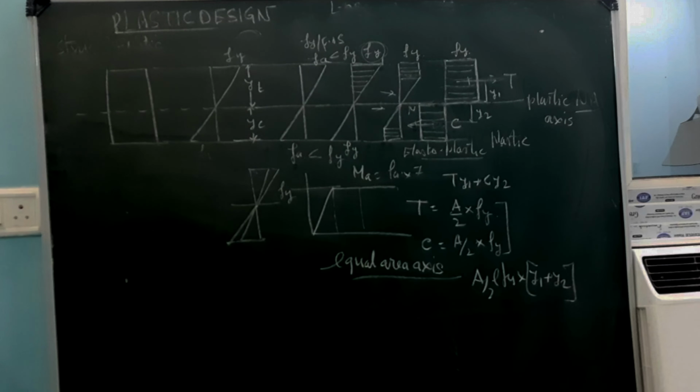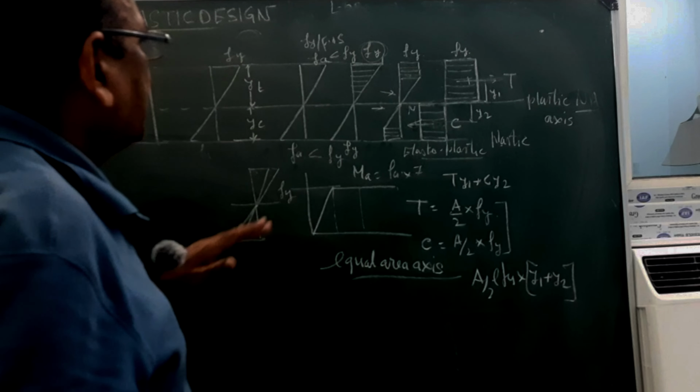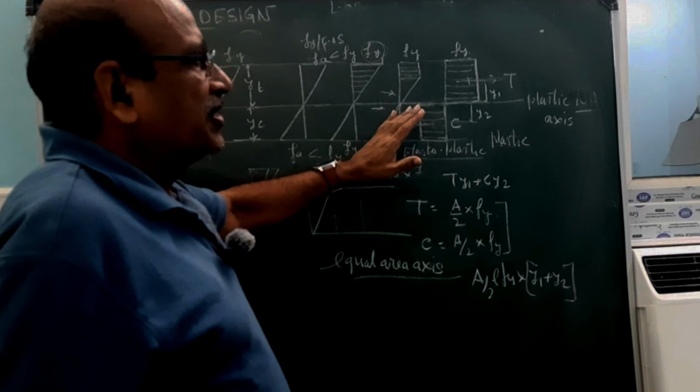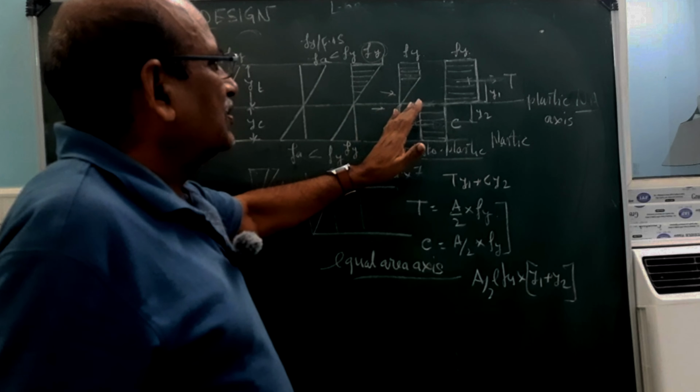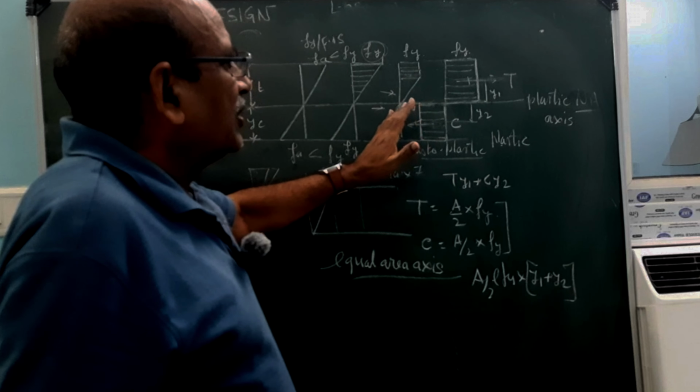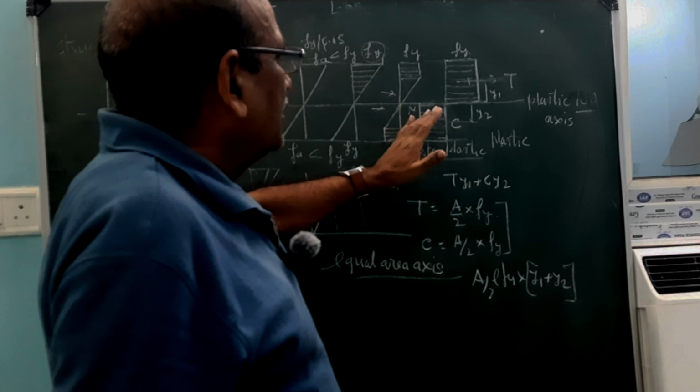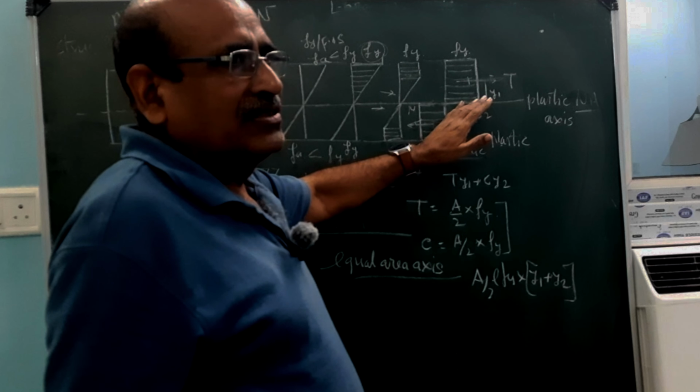So we will try to understand this by the figure, by the behavior, what is happening. Actually, we try to increase the moment. If you increase the moment, the stress-strain diagram will change from this to this, and finally if you increase the load, it will behave like this.